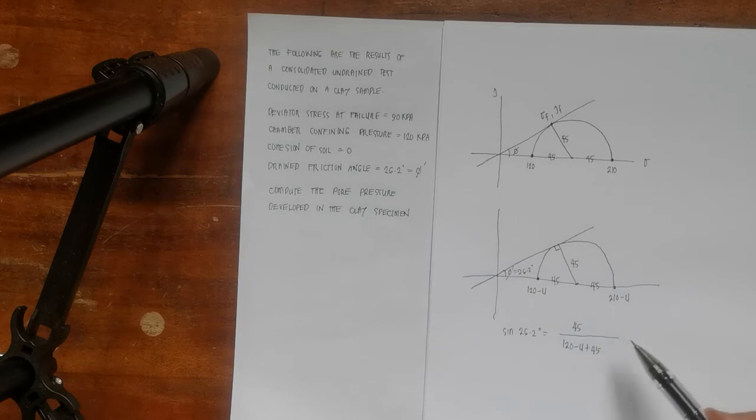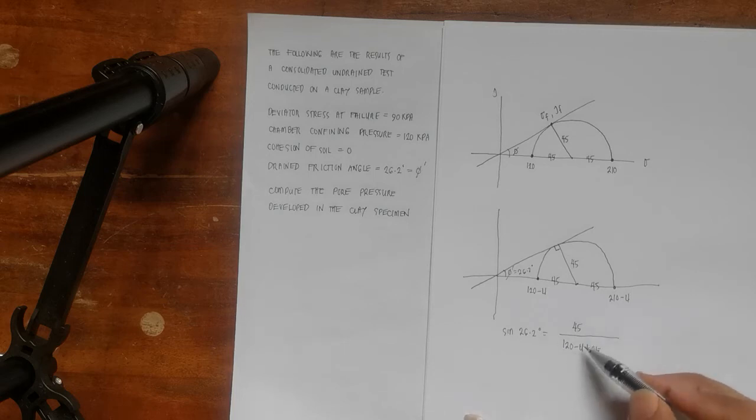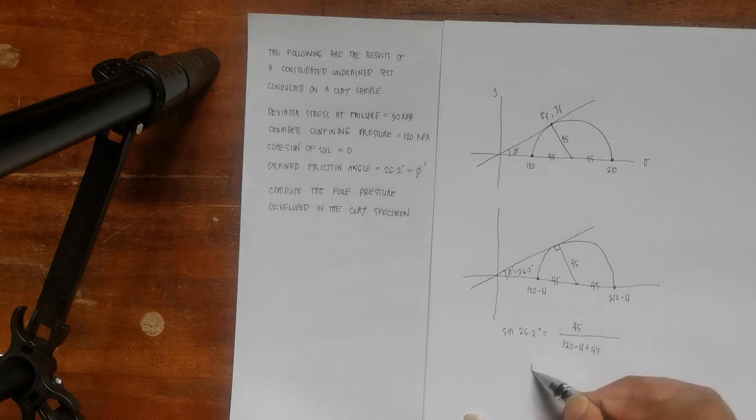That is our hypotenuse of the right triangle. So, solving for the pore water pressure, isa na lang naman unknown dyan. Using your calculator, you can get a value of 63.08 kilopascal.